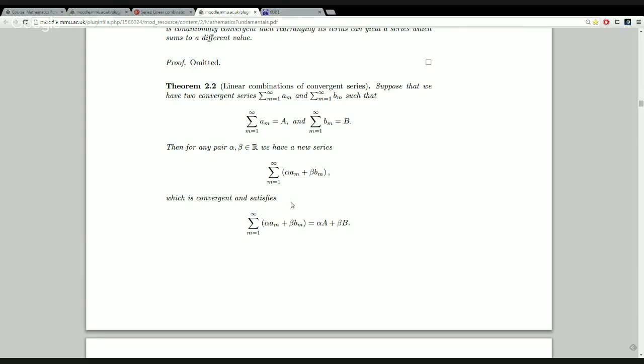Now the fact that this is a half will come out of the fact that this is another geometric series. We'll see that shortly, probably tomorrow. So this geometric series here, its sum is equal to 1/2. So then when we form this new series up here, again, it's going to be convergent.